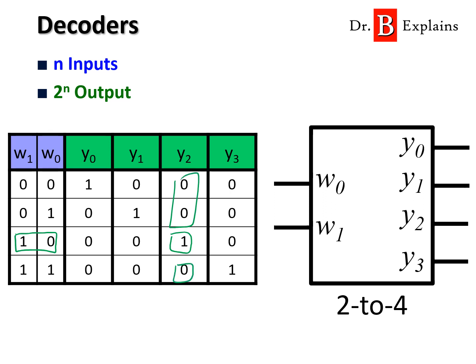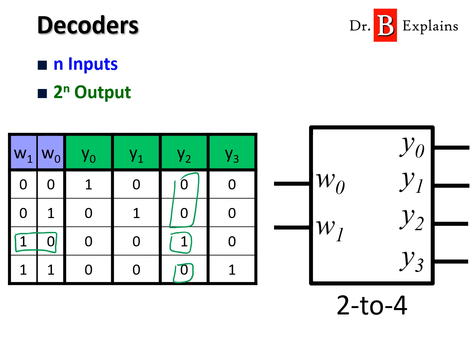How do we design for this? You can think of this as 4 separate truth tables. Why 4 separate? Because we have 4 outputs, and we can have 0, 0 with the y0. That's going to be a truth table and we just designed for that. So you can see that it's going to be a minterm for each of these outputs.